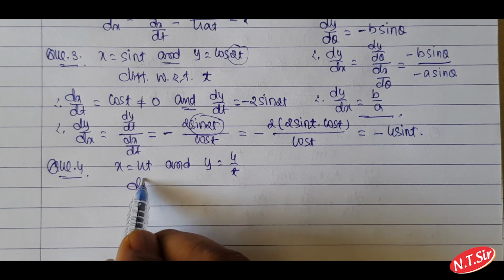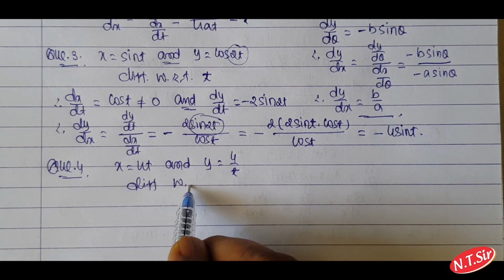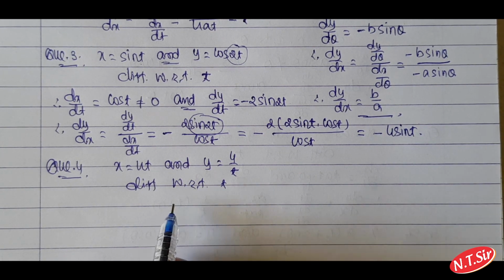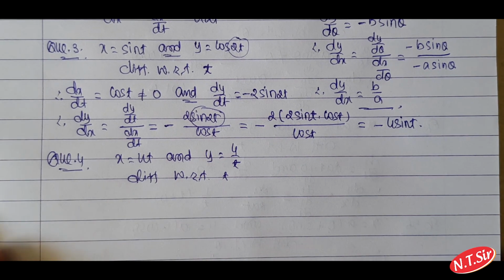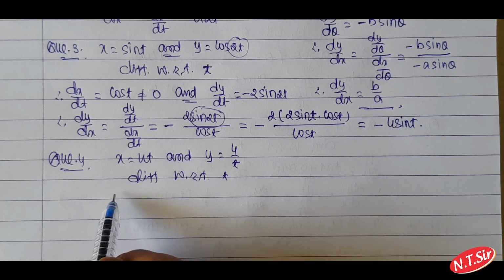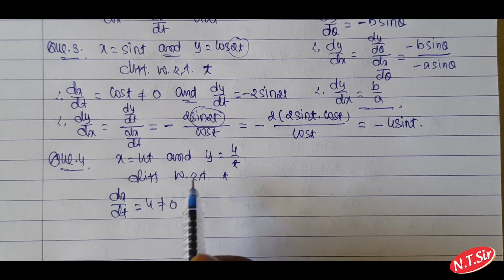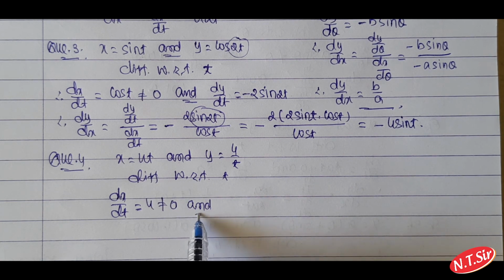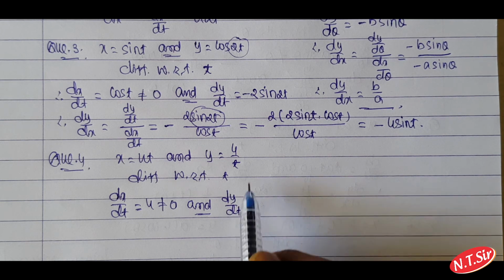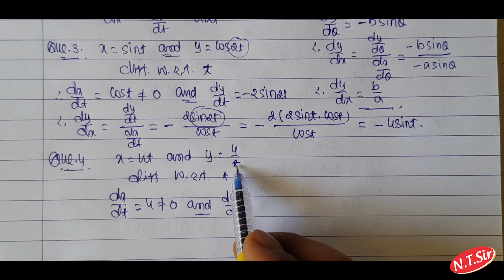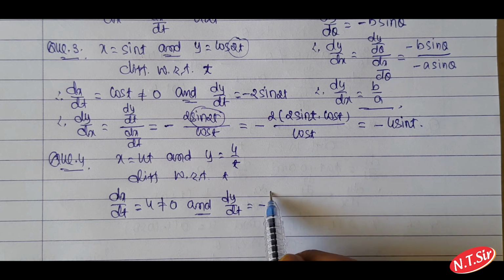So differentiating with respect to t, the derivative of x, dx by dt, is equal to 4 constant and derivative of t is 1. So 4, which is not equal to 0 always. And dy by dt: 4 is constant and derivative of 1 upon t is minus 1 upon t square. So this is minus 4 upon t square.